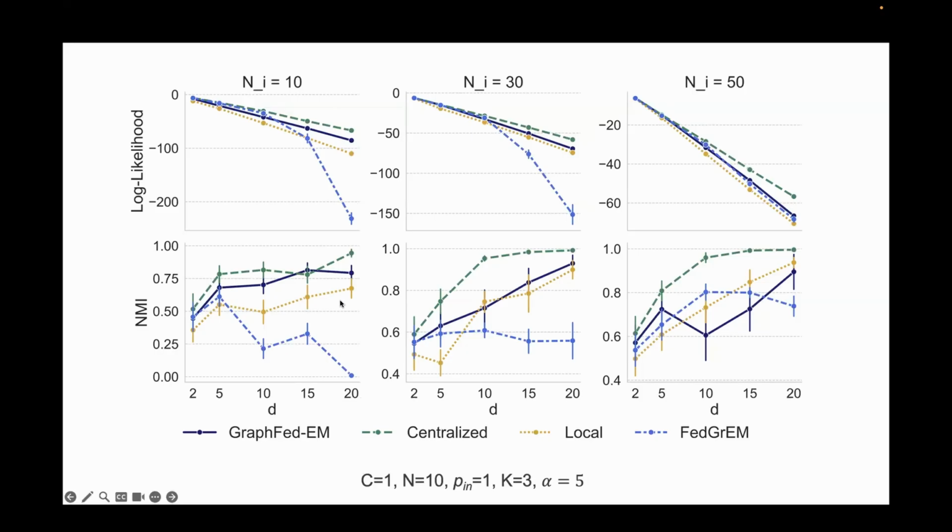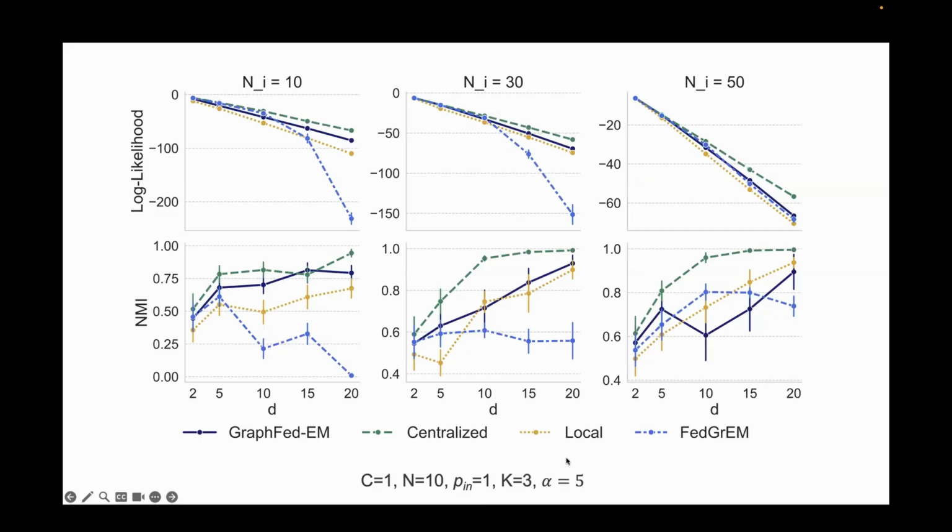So when we are looking at the log likelihood, I would say that approximately all the, sorry, I have to first introduce the algorithms that I used for comparison. So I have my algorithm here, GraphFed-EM. Then we have centralized training, which is basically when we combine all the data from all of the local nodes and we fit the GMM, the mixture model, centrally.